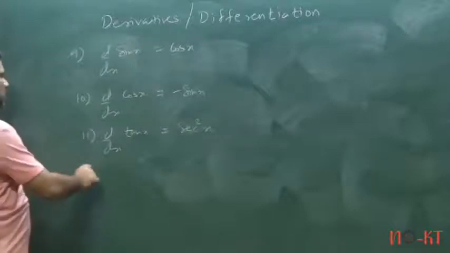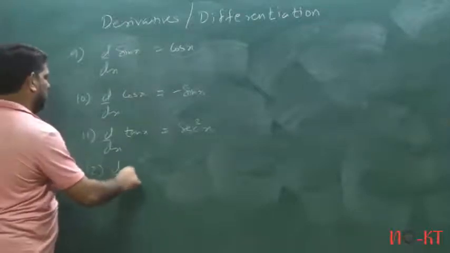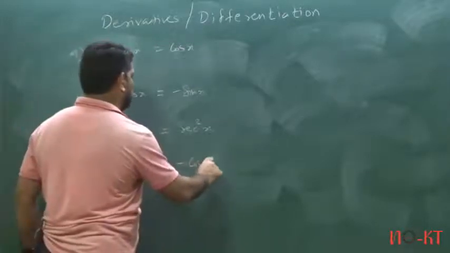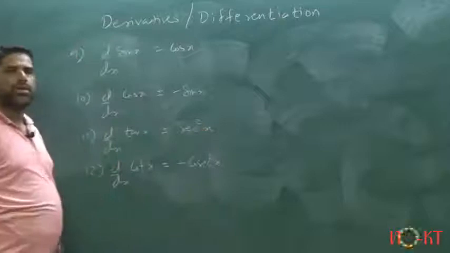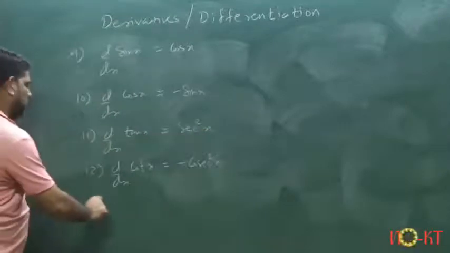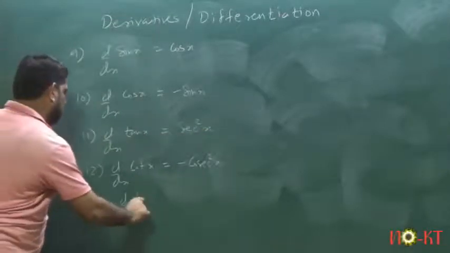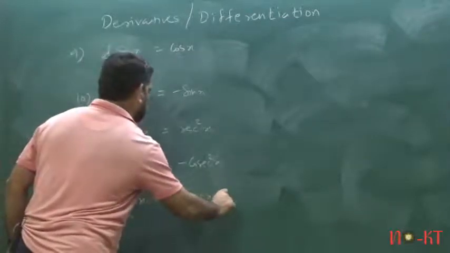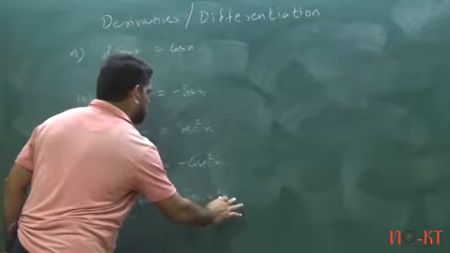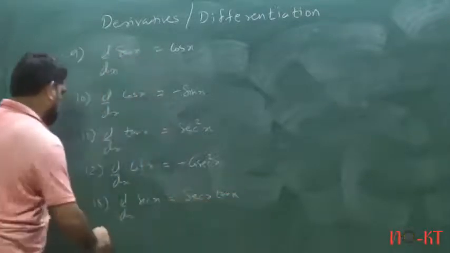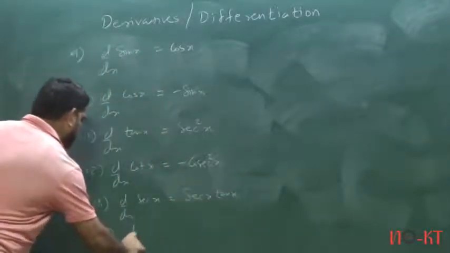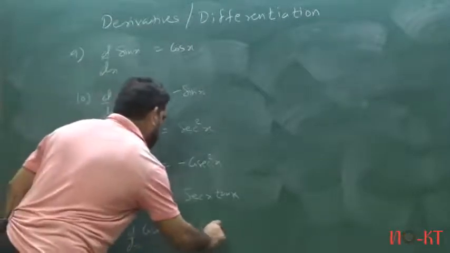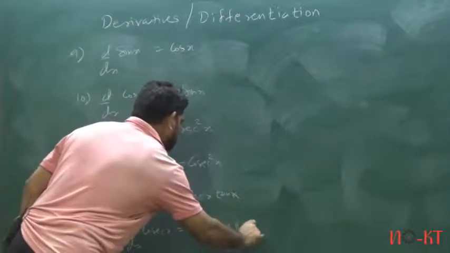Then 12th, derivative of cot x is always minus cosec square x. 13th one, derivative of sec x is sec x into tan x. Then 14th one, derivative of cosec x is minus cosec x into cot x.